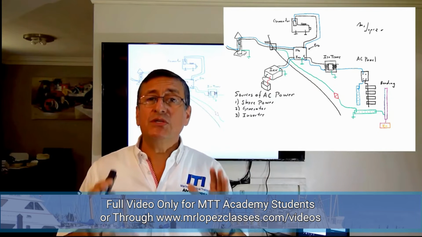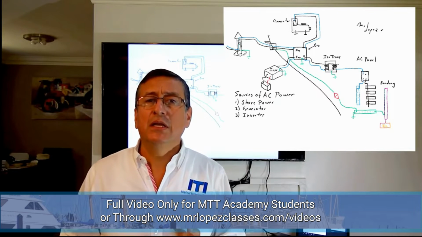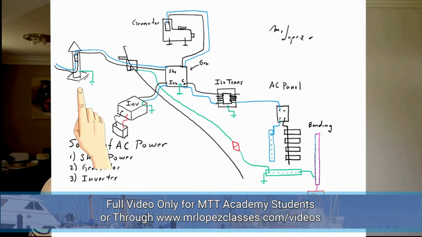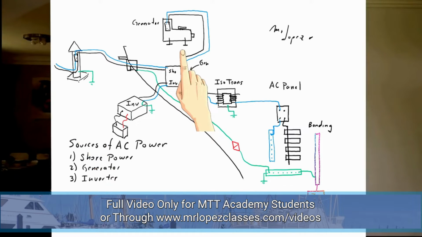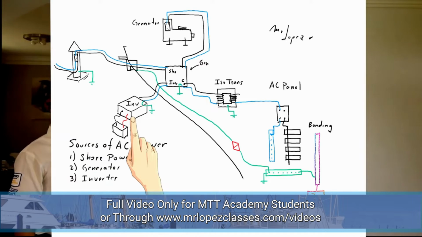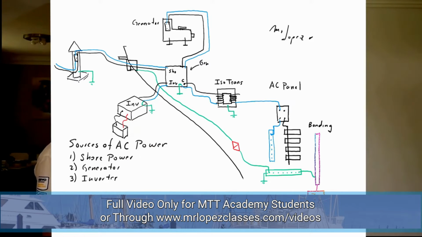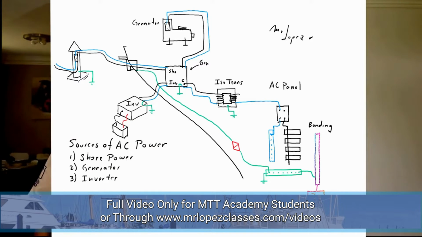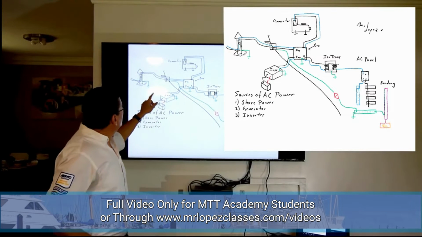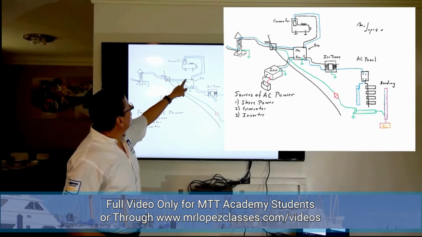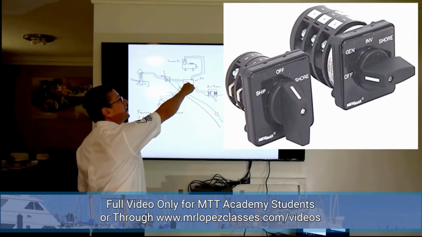You have three sources of AC current. You have the shore power, or you have the generator, or you have the inverter. All of those sources of power produce AC signal, AC current. In a typical boat, those signals enter into the switch selector.